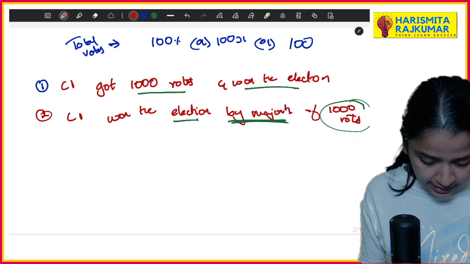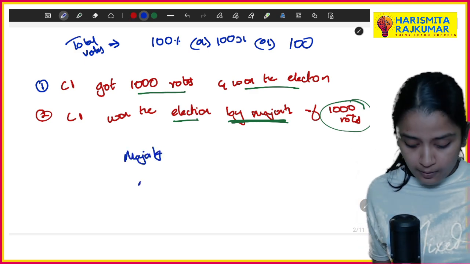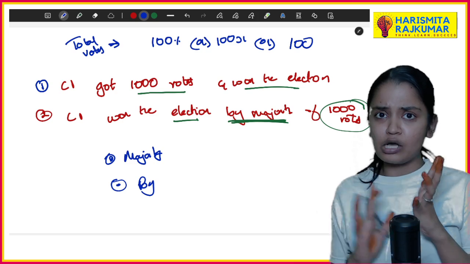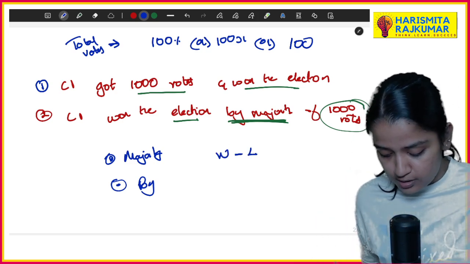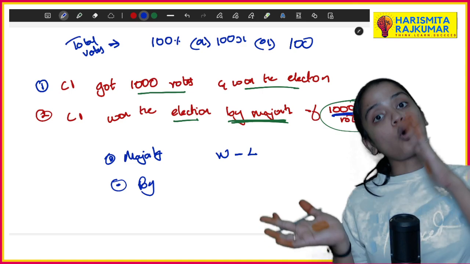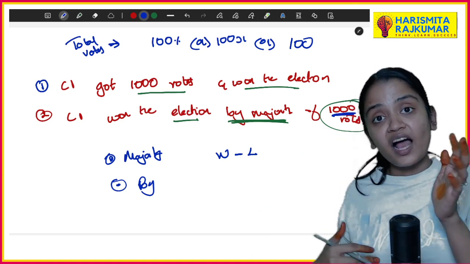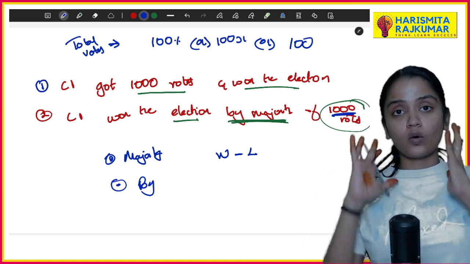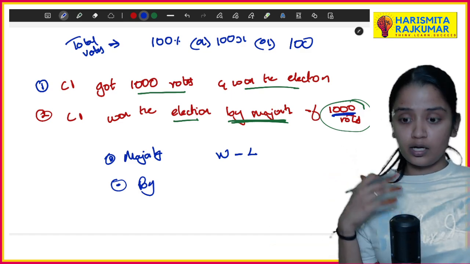So basically, if you get these two words, majority or by, this is nothing but the winning minus losing. That is your 1000. So the total votes of the winning minus losing is the majority, or the difference between the votes. This is what I had to explain. Now let's go to the questions.